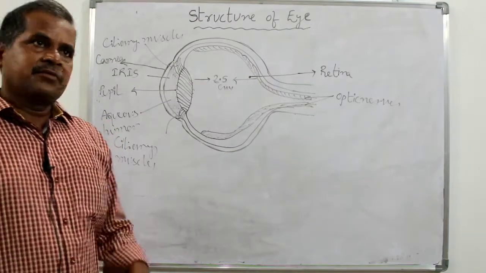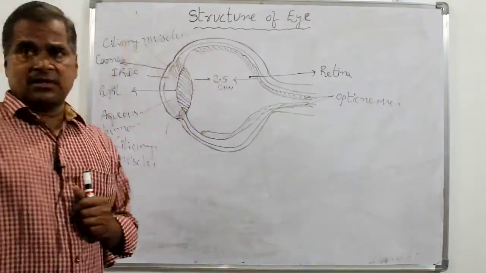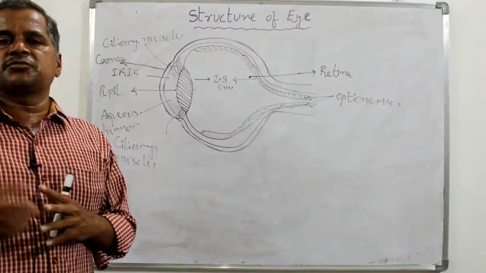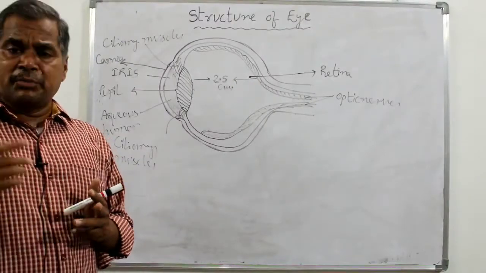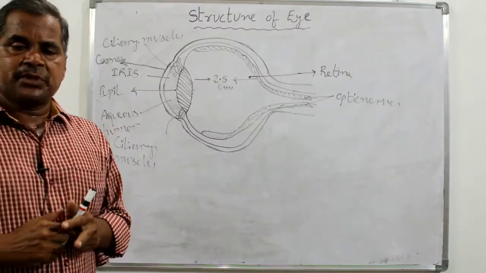But if we see any objects in our surroundings, we perceive the images of those objects very clearly, meaning they are in the same size and the same color. How is it possible?